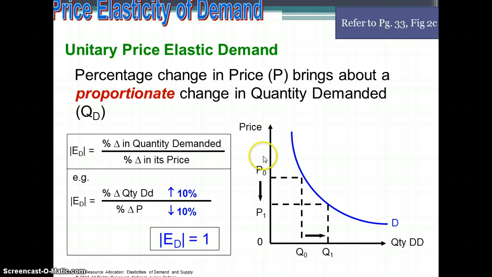If you refer to the diagram, this is a special case whereby the demand curve is a hyperbola. So a decrease in price from P0 to P1 will bring about an equivalent change in the quantity demanded. So this is the explanation: the percentage change in price brings about a proportionate change in quantity demanded.